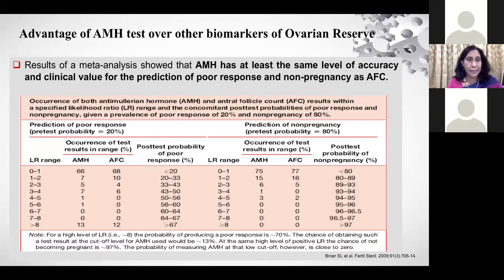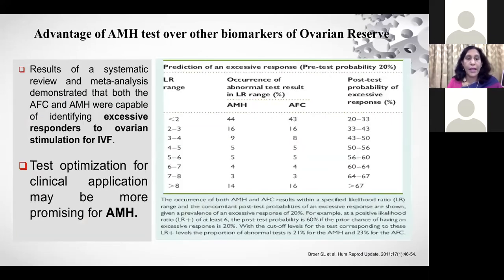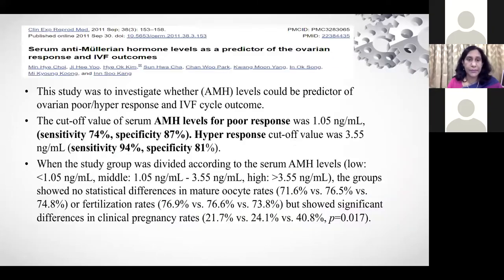So this meta-analysis showed that AMH has at least the same level of accuracy and clinical value for the prediction of poor response and non-pregnancy as antral follicle count. And the test optimization showed that for clinical application, the results are more promising for AMH.